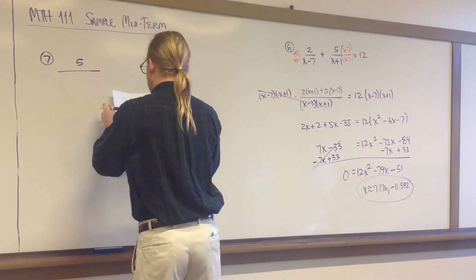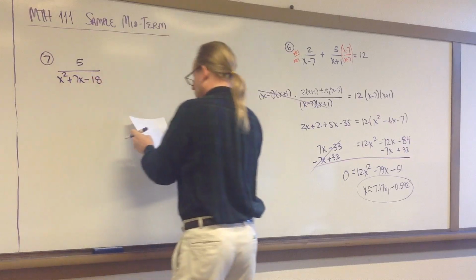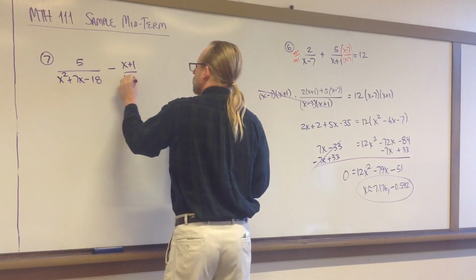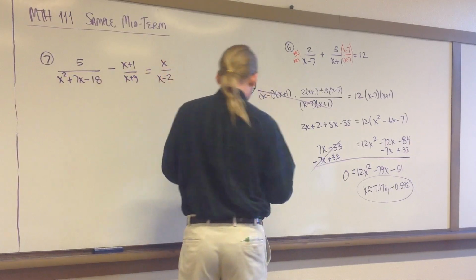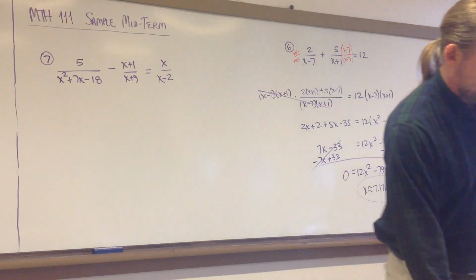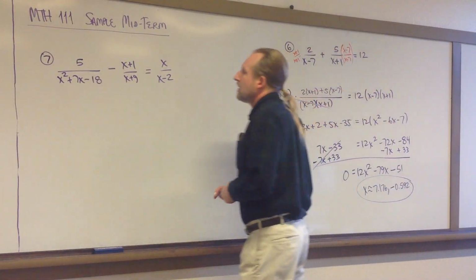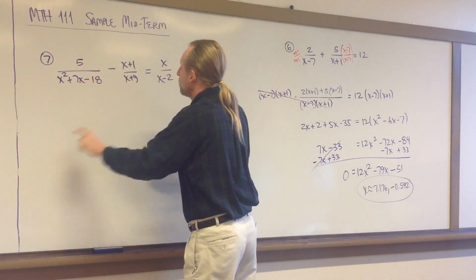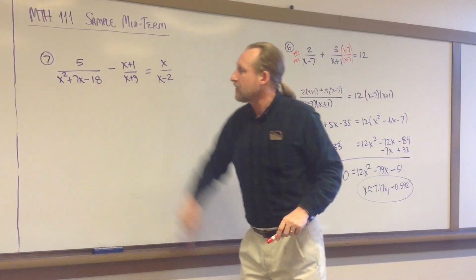We start out with 5 over x squared plus 7x minus 18 minus x plus 1 over x plus 9 equals x over x minus 2. Okay. So again, we need to make a common denominator. This is factorable, it splits into this times this. Okay? So this is our common denominator right there.